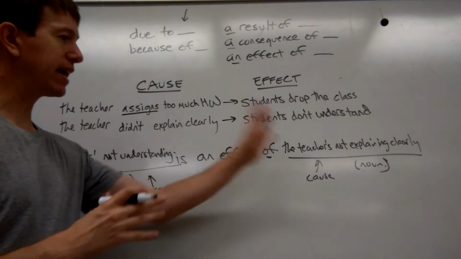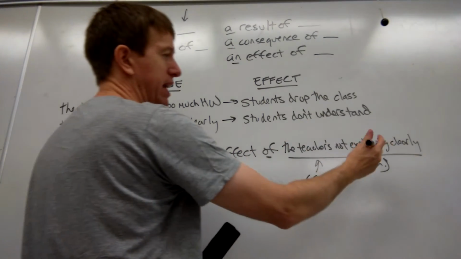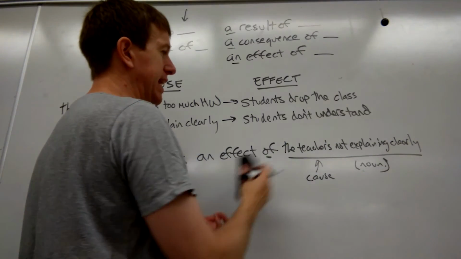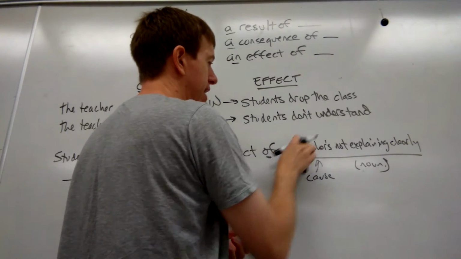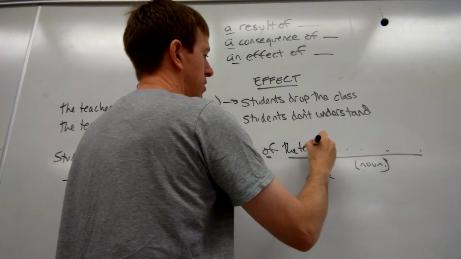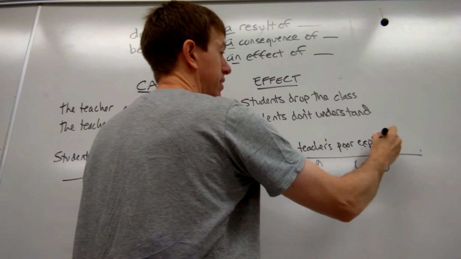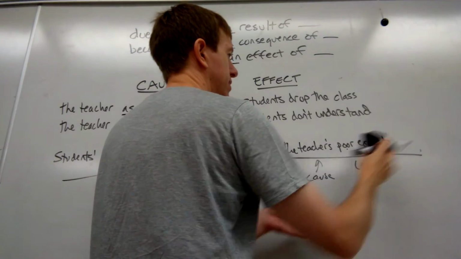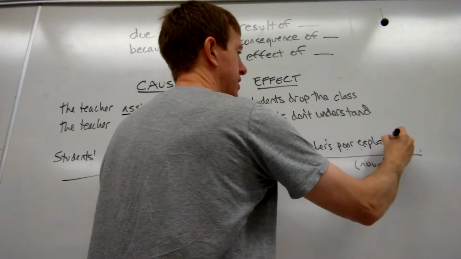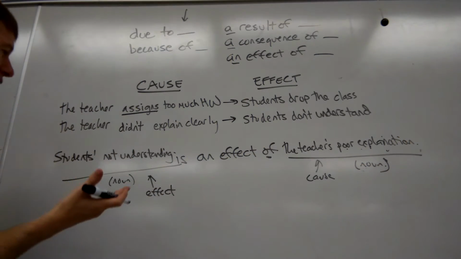Instead of saying the teacher's not explaining clearly, you could replace this with any noun. In this case, I might suggest the teacher's poor explanation. I can't spell. Explanation. That's also fine because it's a noun.